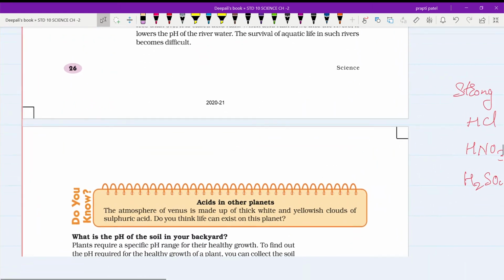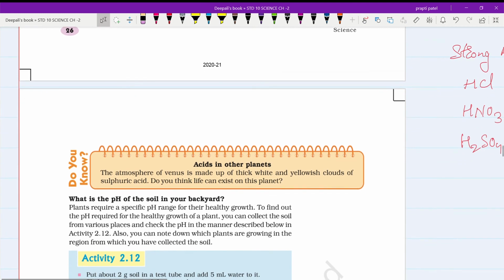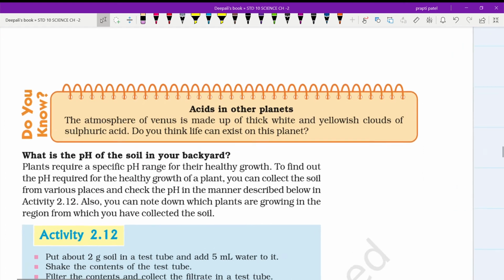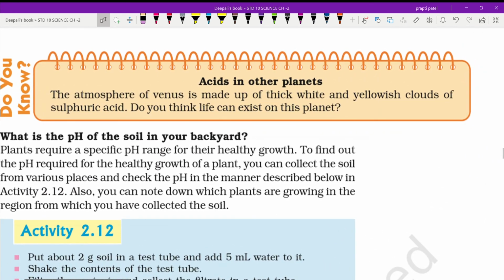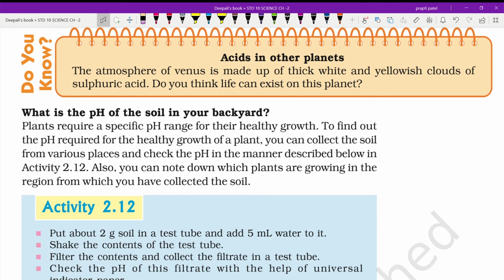Acids in other planets. The atmosphere of Venus is made up of thick white and yellowish clouds of sulfuric acid. So can life exist there? Obviously not. Now what is the pH of soil in our backyard? Plants require a specific pH range for their healthy growth. To find out the pH required for healthy growth of plants, you can collect soil from various places and check the pH in the manner described below in the activity.